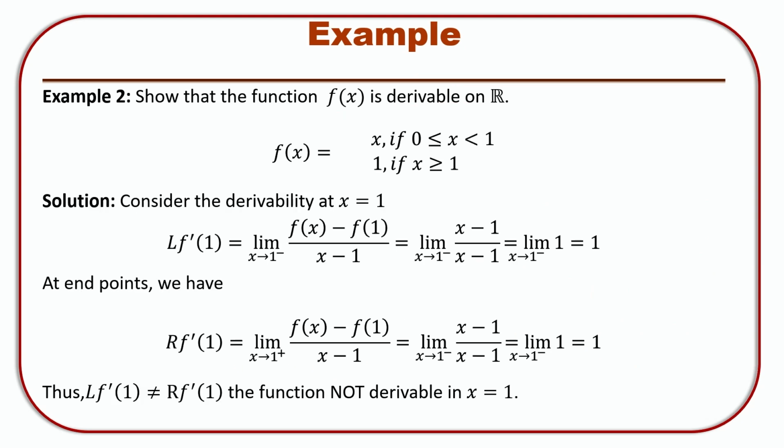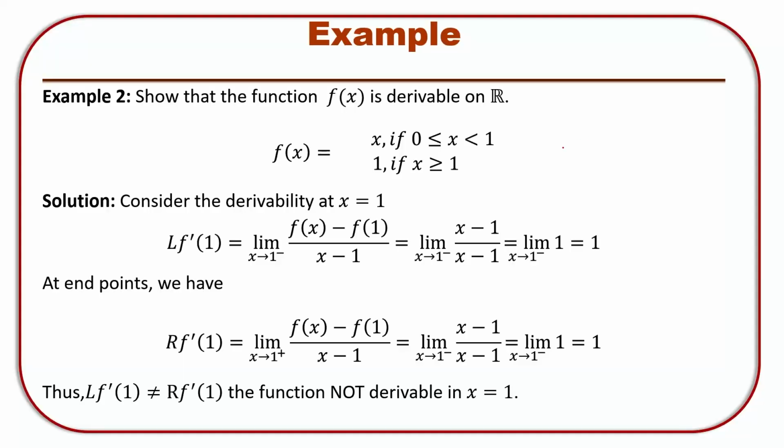Similarly, look at a different type of function. Between 0 and 1, where 0 is included, f(x) is x, and from 1 onwards, everywhere f(x) is 1, right? So for this part it is f(x) equal to 1.